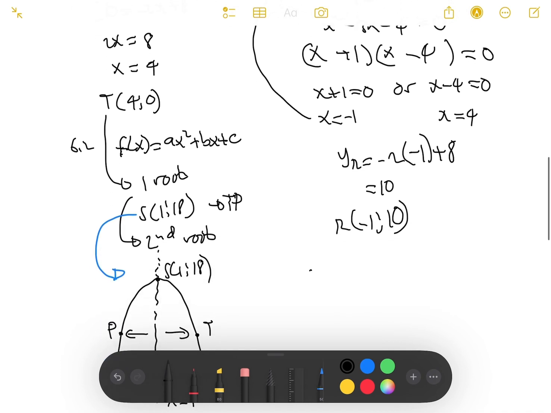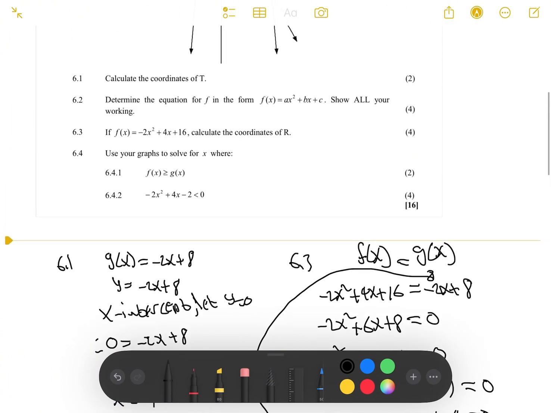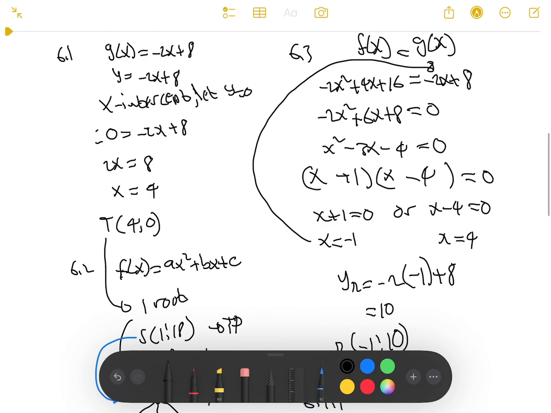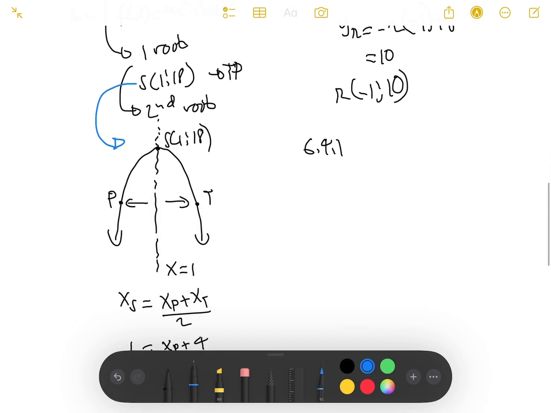Now off to 6.4. So let's begin with 6.4.1. They say, use the graphs to solve for x where f of x is greater than or equal to g of x. Okay. So basically what they're asking here is, we're going to be using the y-axis as our reference.